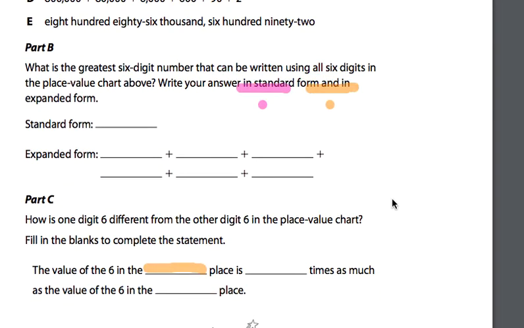And how many times greater is it? When we are moving from one place value to another place value, how many times greater does the number get? We've talked about that lots of times. And is it that many times greater than the 6 in the hundreds place or in the thousands place? All right, pause your video, finish your last section.